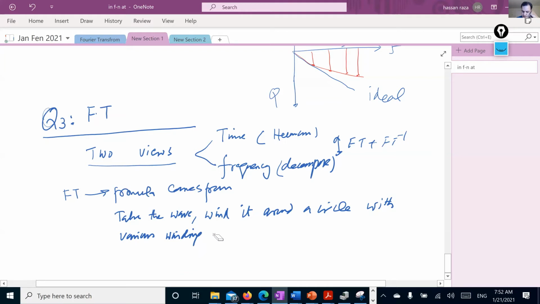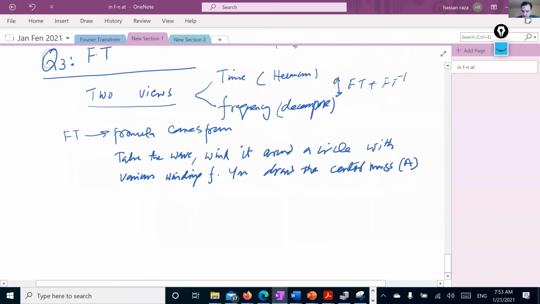So it depends which frequency you want to wind with. And then you draw the center mass. When I say center mass, that means the amplitude of the center mass.